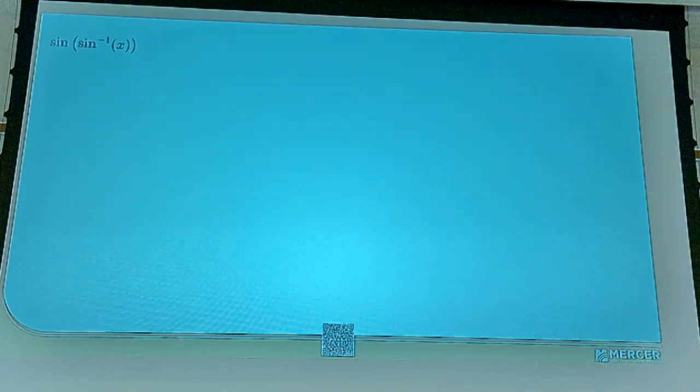Right, so the idea is to simplify. What's the domain for inverse sine?